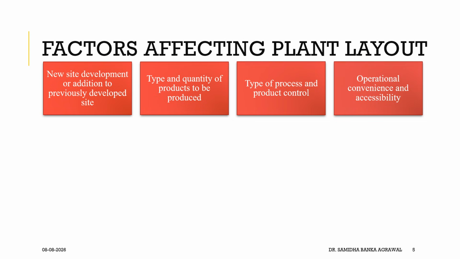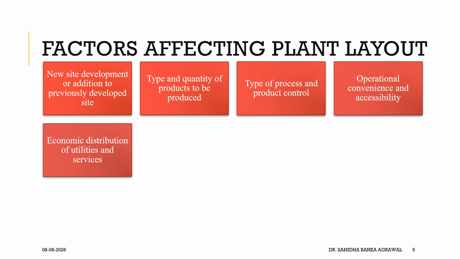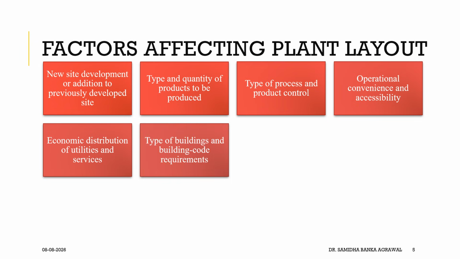Then we need to ensure operational convenience and accessibility. The layout should provide easy access for operation and maintenance, and economic distribution of utilities such as water, steam, electricity, and compressed air, as well as other services required.